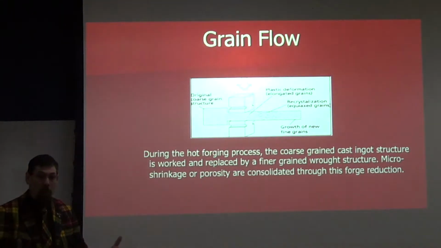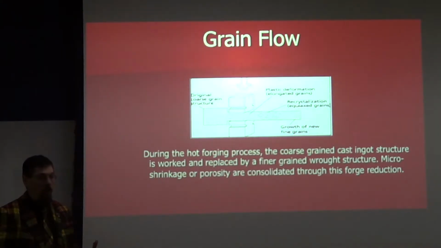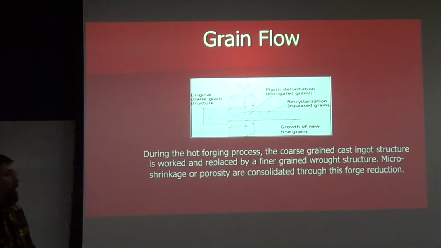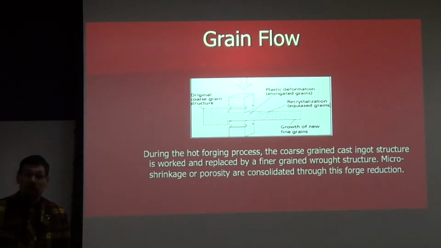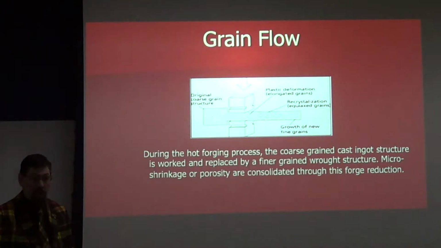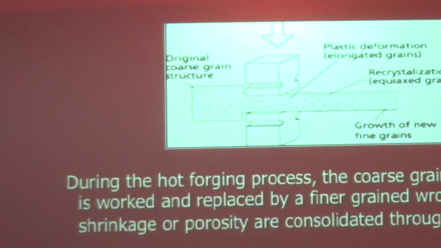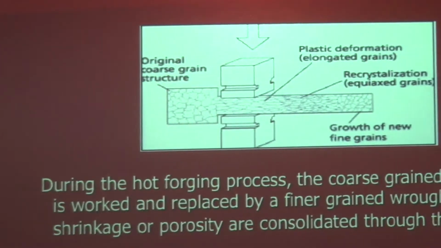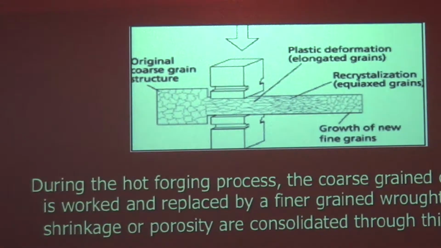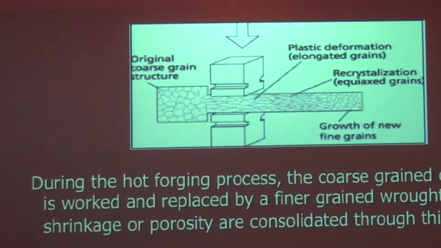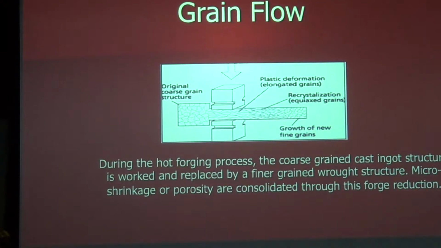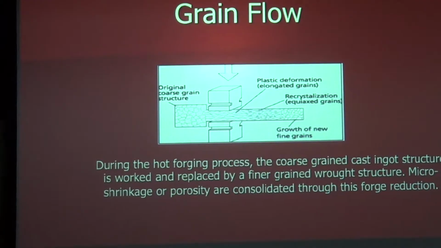They use big rolls to take ingots or products of a continuous caster and squeeze them and shape them. Their goals are basically the same as in forging, but the end product is usually a different shape or size. In both cases, what we're trying to do is take that as-cast structure and those characteristics and change them, and we want to change them pretty significantly.